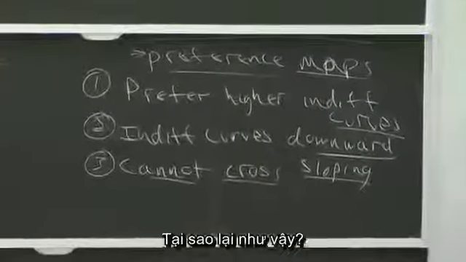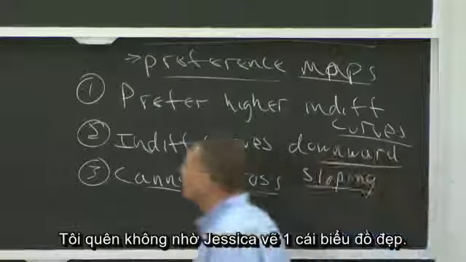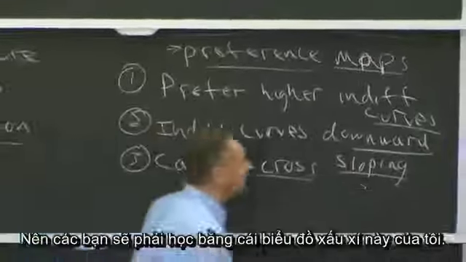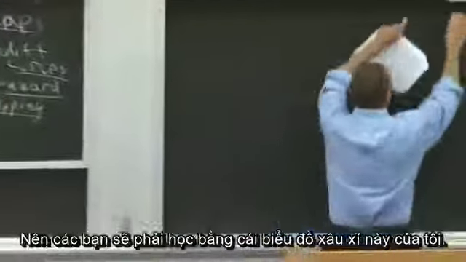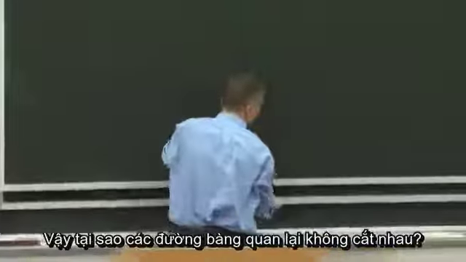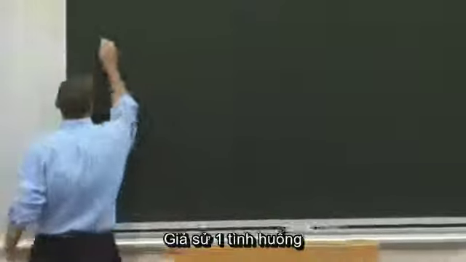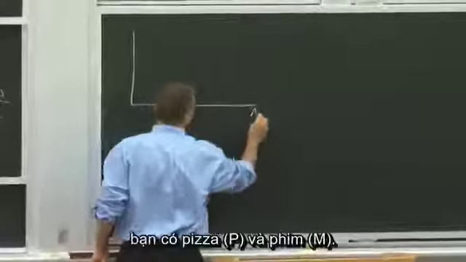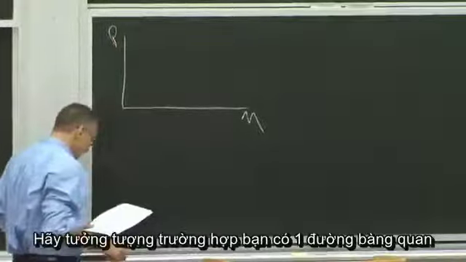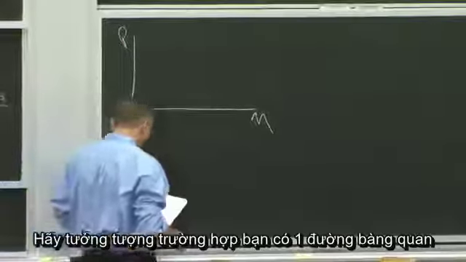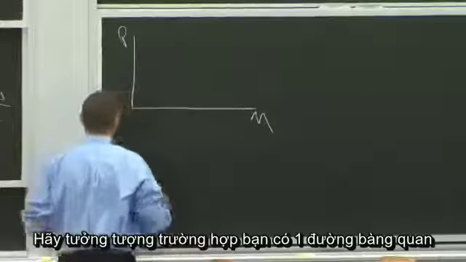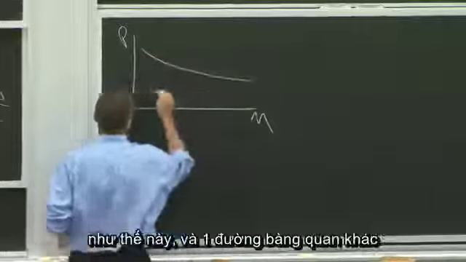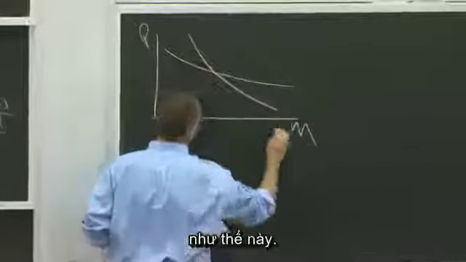Why can't indifference curves cross? Well, I forgot to have Jessica do a pretty diagram, so you have to deal with my ugly handwriting here. Imagine a situation where you have your pizza and your movies, okay? And imagine you have one indifference curve that looks like this and one indifference curve that looks like this.